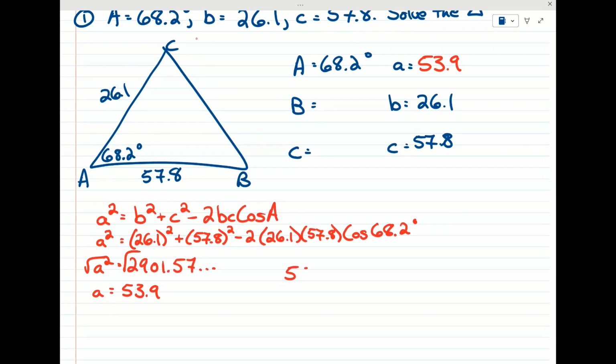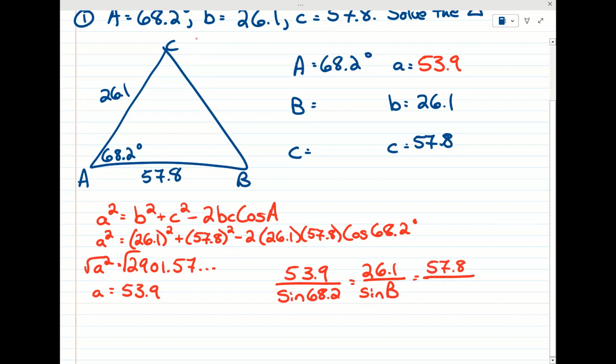Now we have a full fraction that we could finish the law of sines with. So we'll have 53.9 over the sine of 68.2. And we could either solve for angle B, or we could solve for angle C. Doesn't matter.